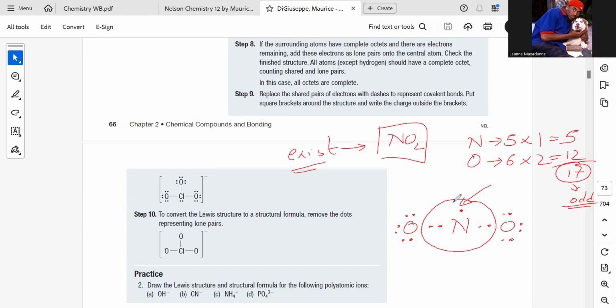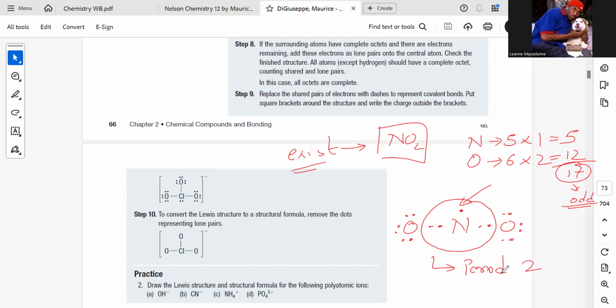Nitrogen will not form an expanded octet because it belongs to period 2. Only compounds after period 2, that is period 3 and ahead, can have an expanded octet.